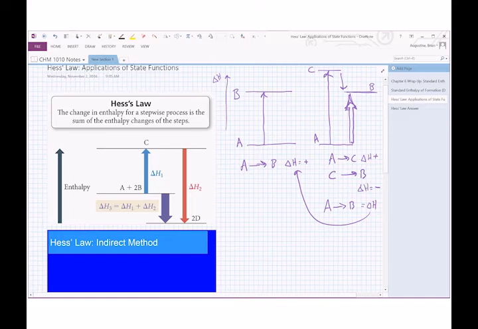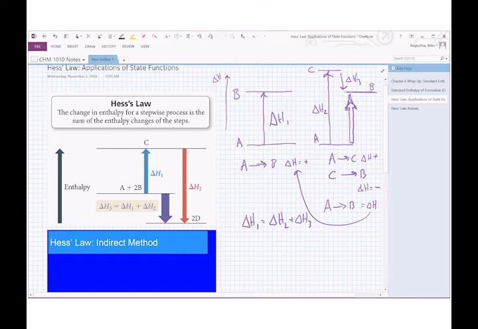Okay, if we're writing this in words, we might say, let's call this delta H1, delta H2, delta H3. So delta H1 is equal to delta H2 plus delta H3.